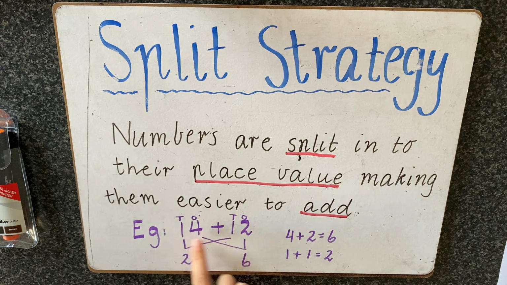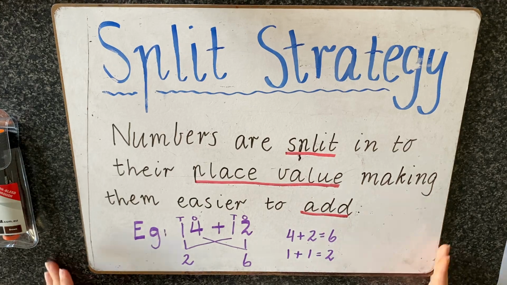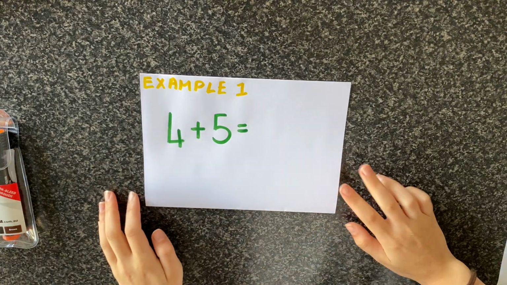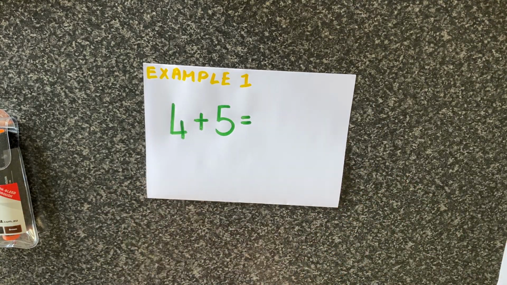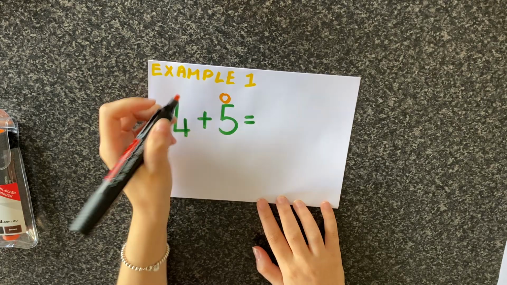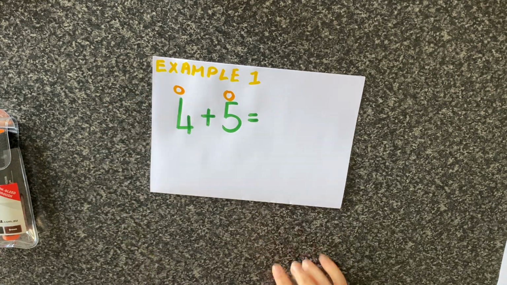You can see that I've labeled different things and I've got some lines going in different directions. We're going to do a really easy one together. I've got 4 plus 5, a really easy sum to start off with. What you're going to do is label your place values. We know that they're 1-digit numbers, so we've only got our ones.